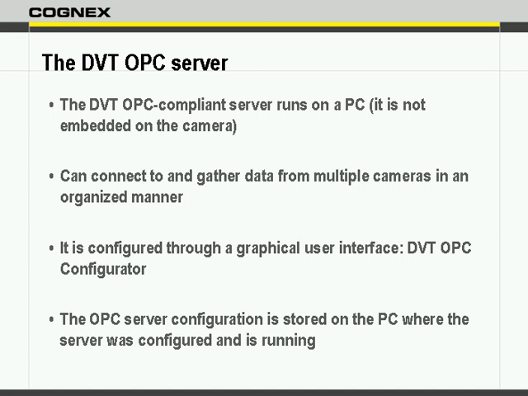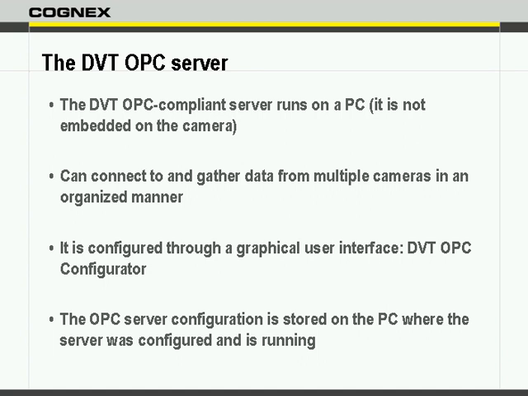So the DVT OPC compliance server runs on a PC. It is not embedded on the camera, so you do need a PC to run the server. Of course, that PC can be on a network, and many other clients can be on that same network and access that information through the network.